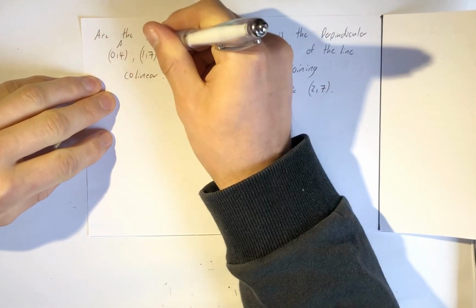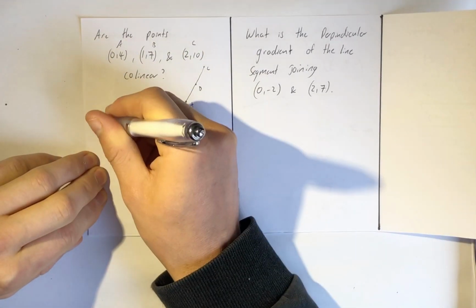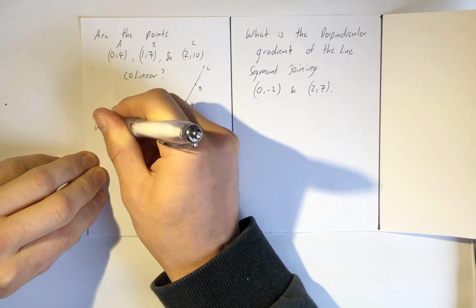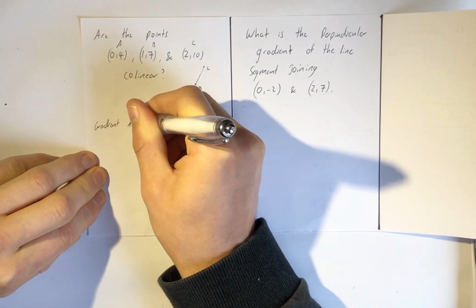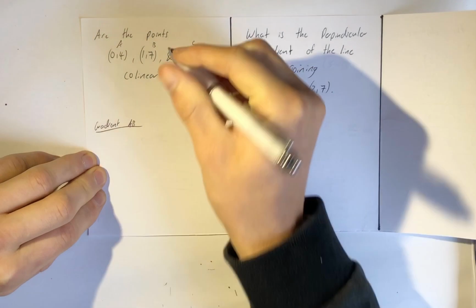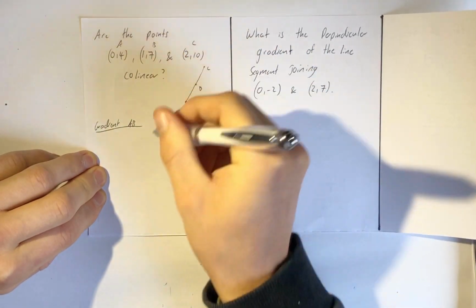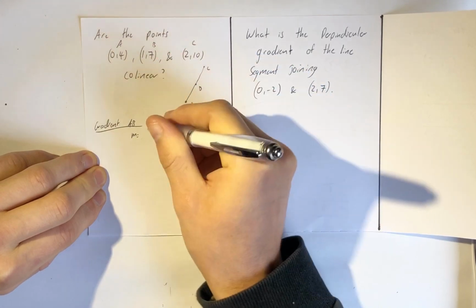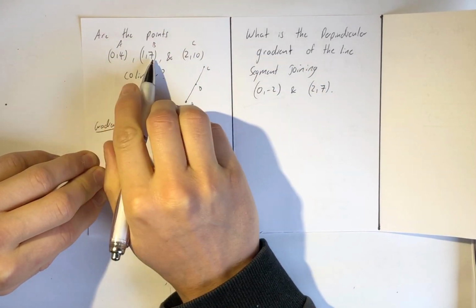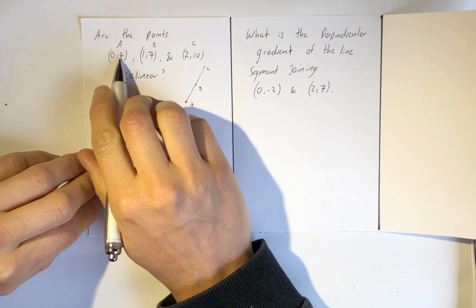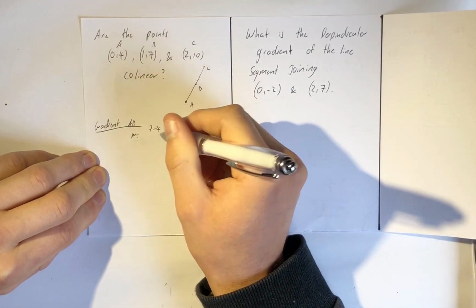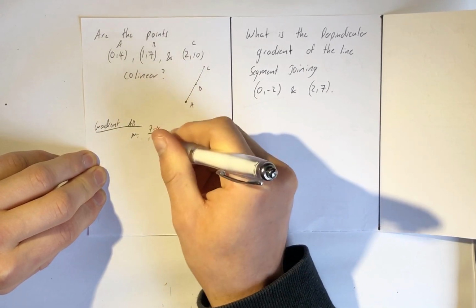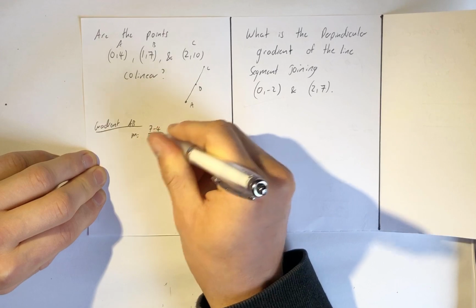So let's just go A, B, C. Gradient AB, well, that's going to be rise over run, so that's going to be 7 minus 4. Right, this is the rightmost point, so this is going to be our 2's and this will be our 1's. So 7 minus 4 over 1 minus 0, so the gradient is 3 over 1.